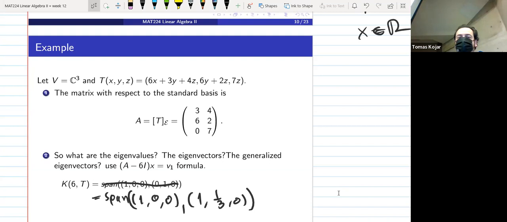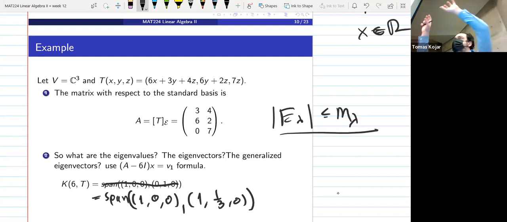Yeah. So we proved this result a long time ago that E of lambda is less than m lambda. We have this crazy block matrix. It will be some element inside the span of this guy. Actually, I should have said it.